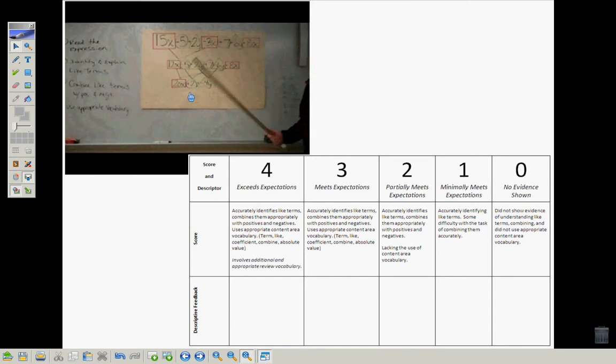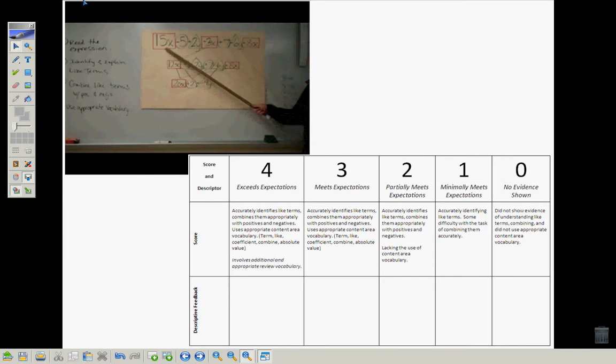This expression says 15x minus 5 plus 2y minus 3x plus 7 minus 6y plus 8x. I put all of the x terms in red boxes because they're the same. And I also put these ones in blue circles because they're the same, green triangles for these ones.